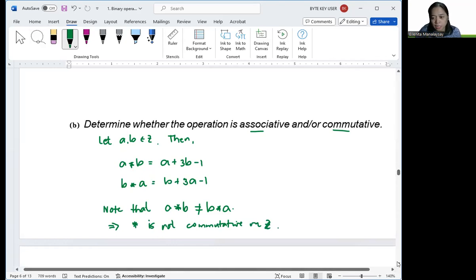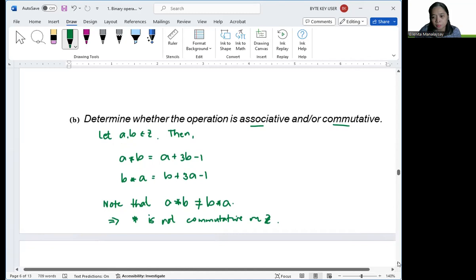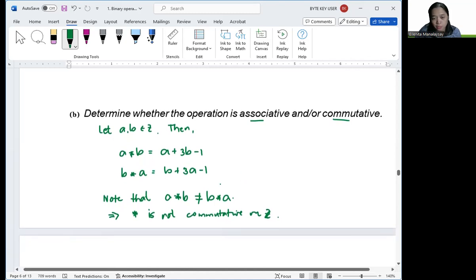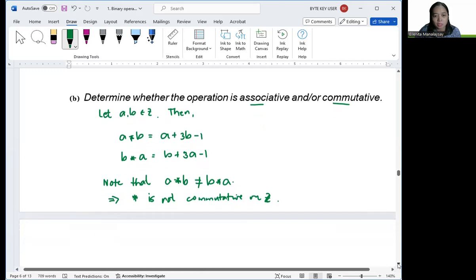It's closed, the result is an integer, but it's not commutative.